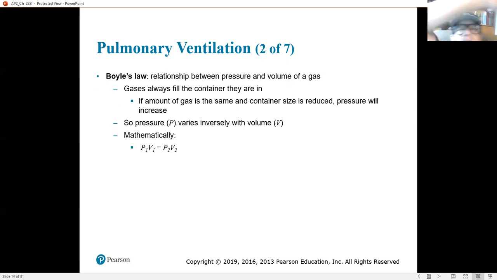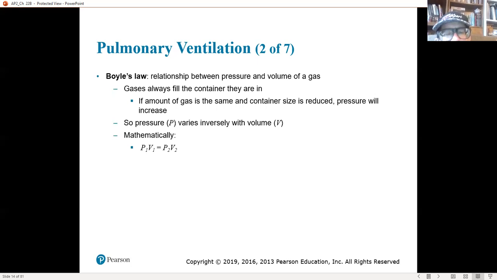All right, so Boyle's law, this is the PV equals nRT. That's the relationship between pressure of a gas and the volume of the gas. If the amount of gas is the same and the container size is reduced, the pressure goes up. That's what happens if we let the diaphragm rise.